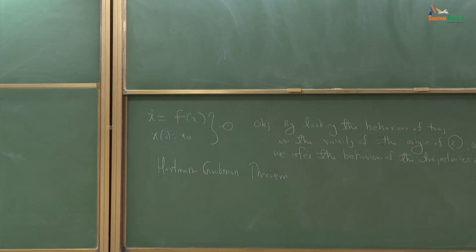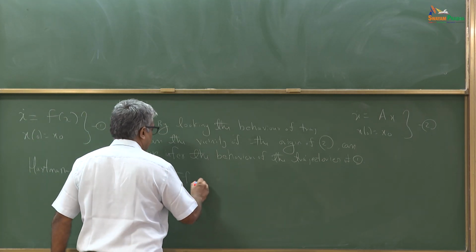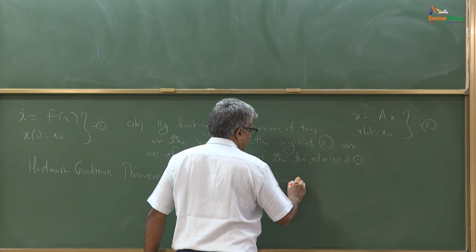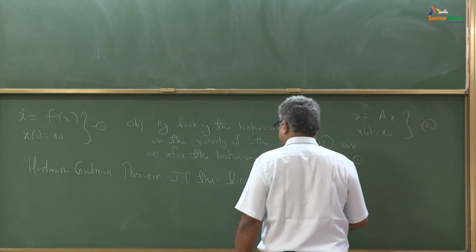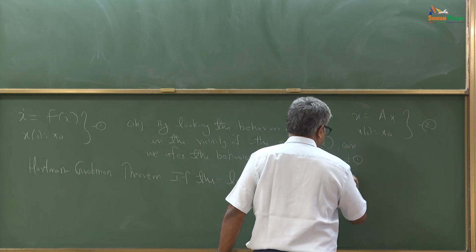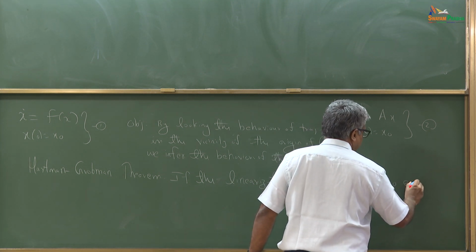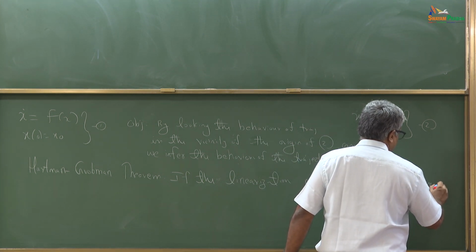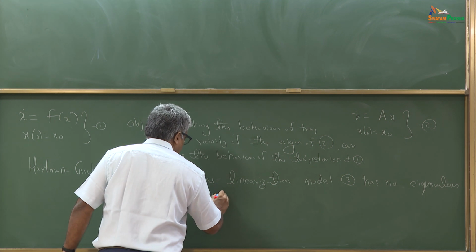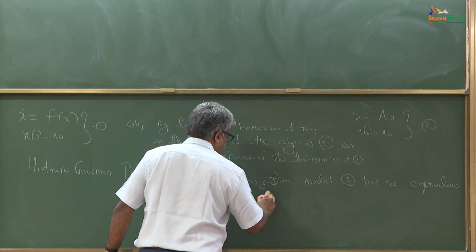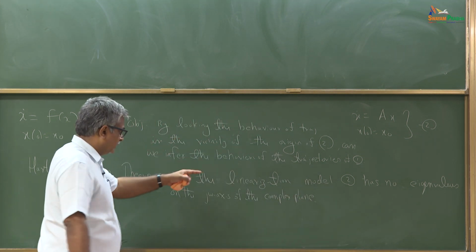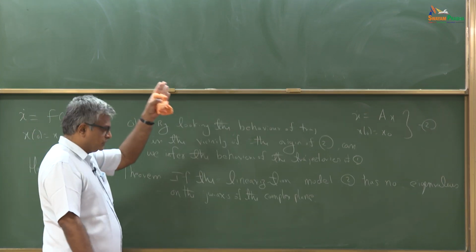So what does it say? If the linearization model has no eigenvalues on the j omega axis, right?